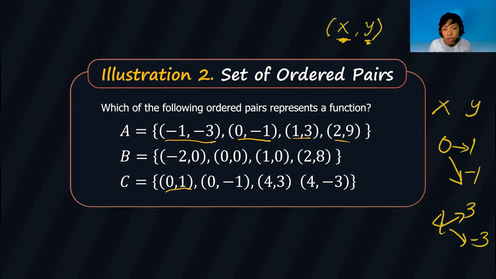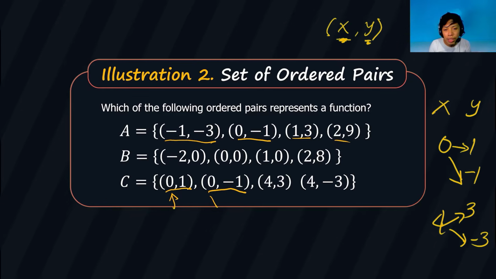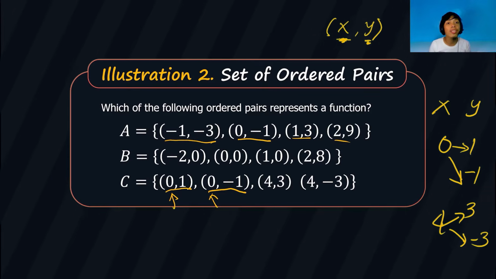For example, these two elements contain the same abscissa 0. That means set C is not a function.